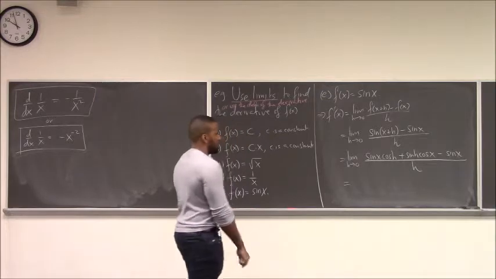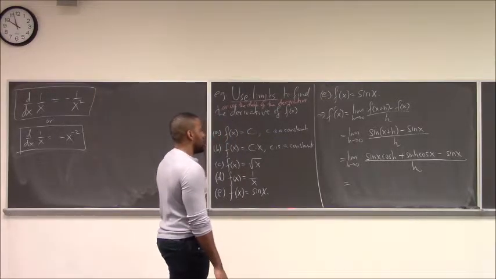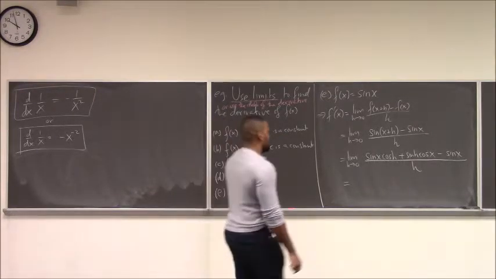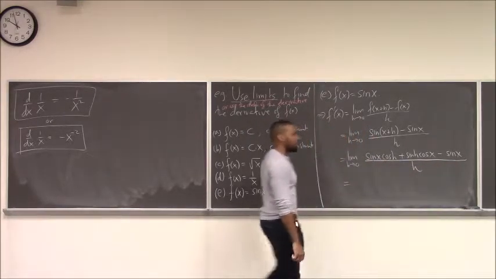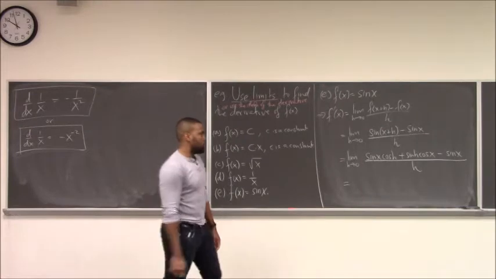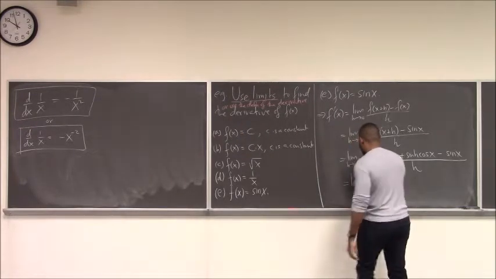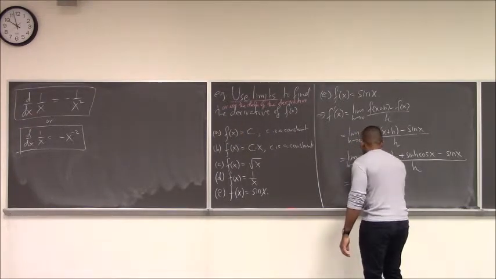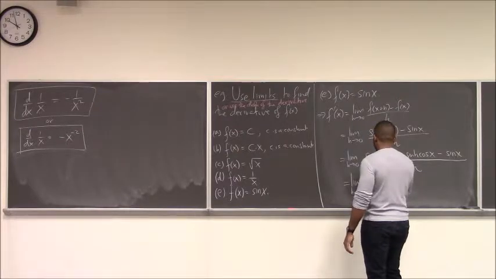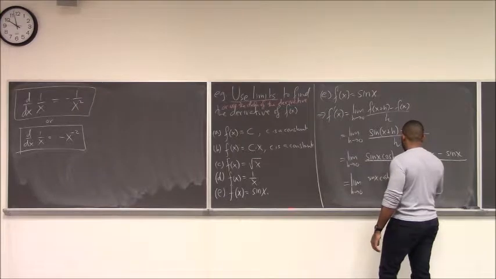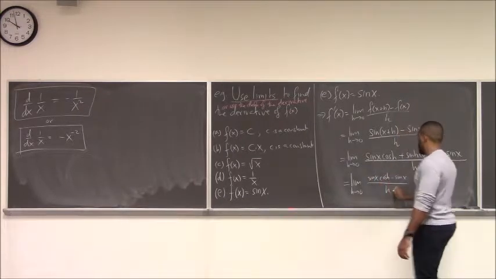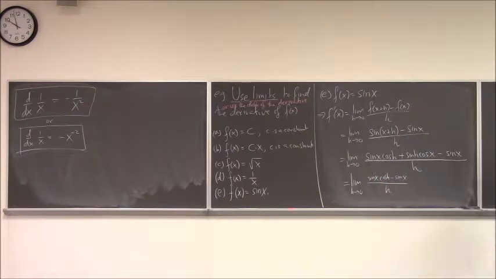Now let's try to figure out how we can make this work. One way is to notice that we have sine in two terms here, but one of them is attached to a cosine of h. I'd still probably put those together. So I would have sine of x cosine of h minus sine of x over h, which I would probably factor out a sine here.